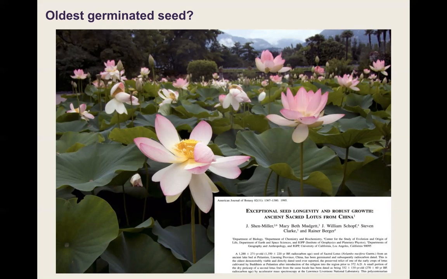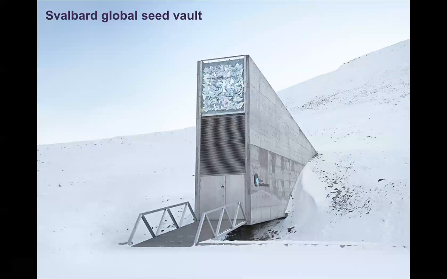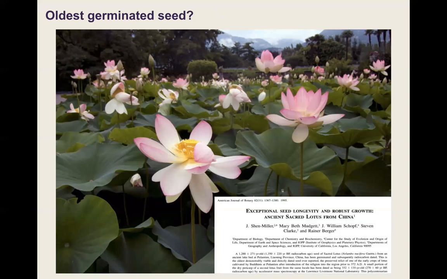And this one traces, as you can see there, 1,200-year-old, give or take, sacred lotus plant. So over 1,000 years stuck in the mud, germinated, and produced the plant. So I'm sure there are older seeds, but this is one of the better documented examples there, and maybe less disputed.